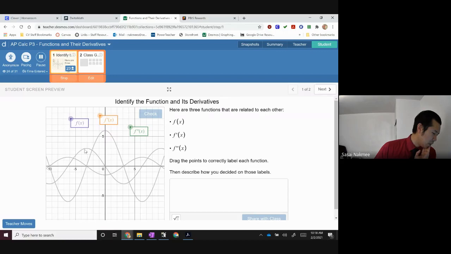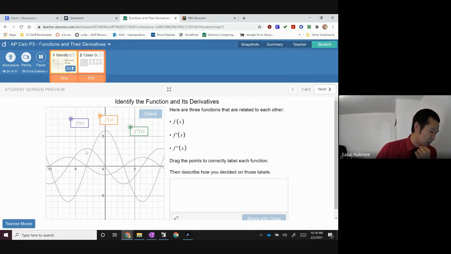Whereas if I thought this was the original function, which looks like the derivative would be here, it's concave down, and neither of these would be second derivatives of it, right? Because these are positive values right here. So this can't be the original function because neither of these would be second derivatives. So that's helping right there.